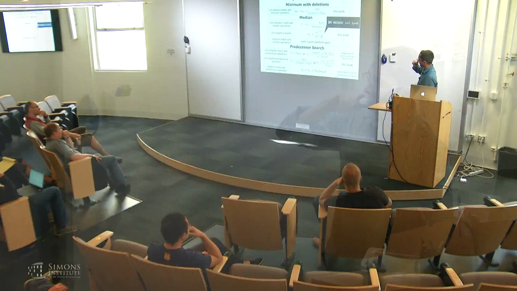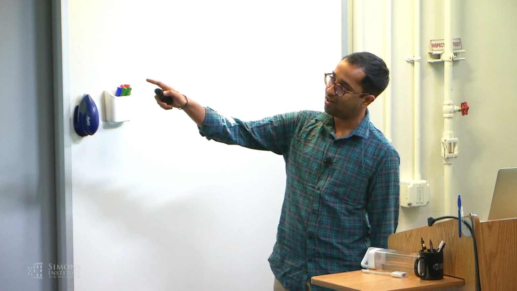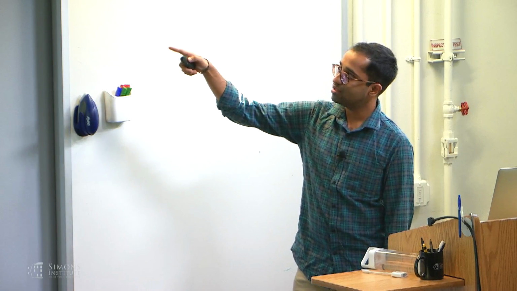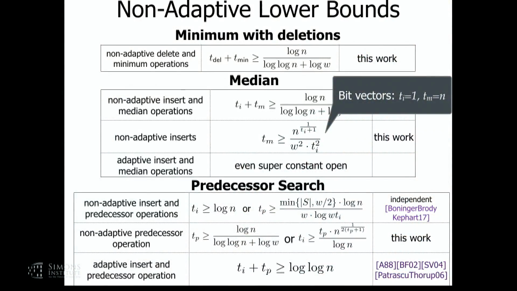Okay, so I forgot about this. Just to compare where these parameters lie. In the median case, we saw that with insertions being constant time, the median computations were linear. So this gives you a polynomial lower bound on the time to compute the median when the insertions are constant time.